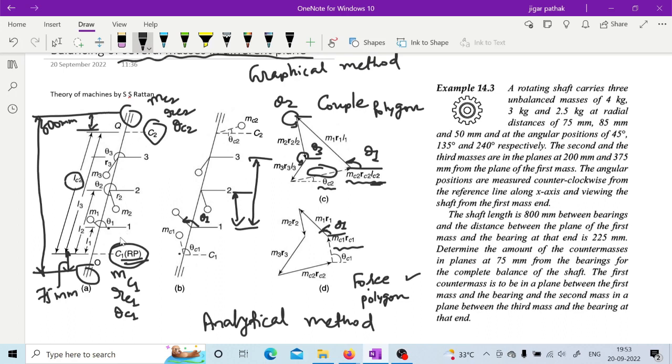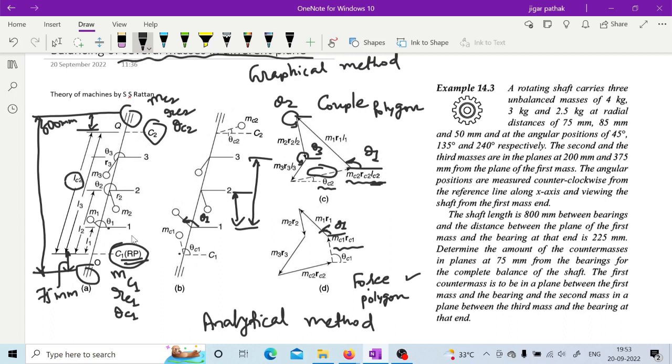So now you can calculate this LC2, because you are provided this 75 mm, this 75 mm, this is 800 mm. Are you getting what I am trying to say? Right? So you can calculate this now, I guess.